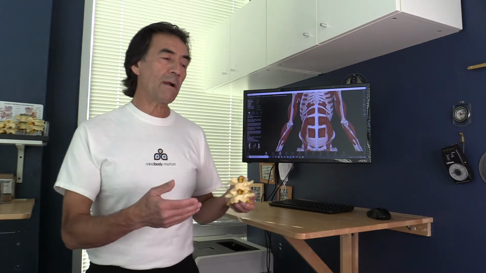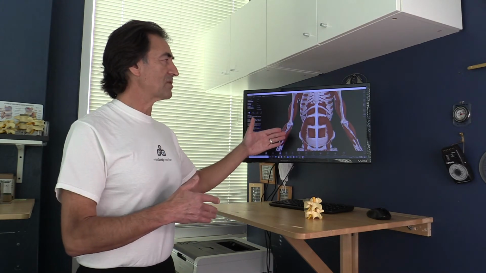So when we are exercising and we don't follow the proper sequencing, we can leave gaps in our bodies where the brain is not going to be able to communicate with that.